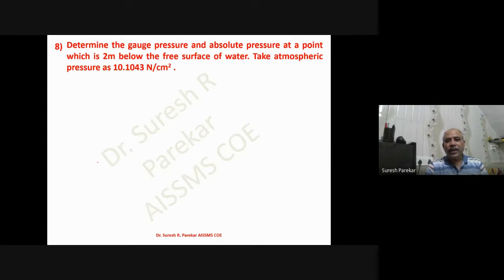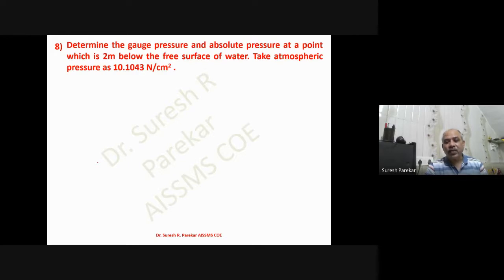Then we determine the gauge pressure and absolute pressure. Now we know the formula: absolute pressure is equal to atmospheric pressure plus gauge pressure when the value is positive. If its value is negative, then absolute pressure is equal to atmospheric pressure minus vacuum pressure.